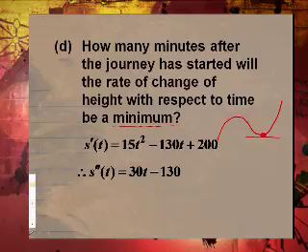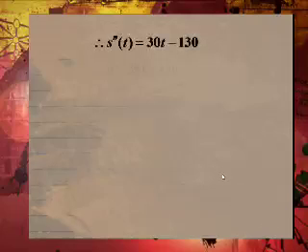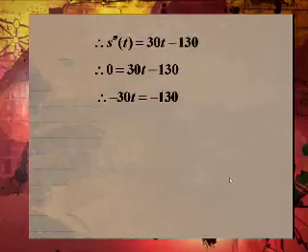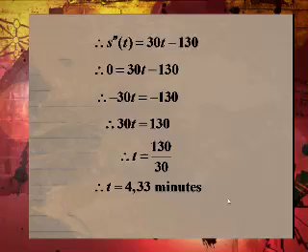We're now not talking about this as the cubic. So you get the second derivative, put that equal to naught, and solve for t. The rate of change, the speed, will be a minimum at 4,33.